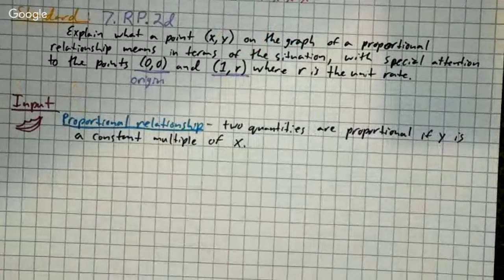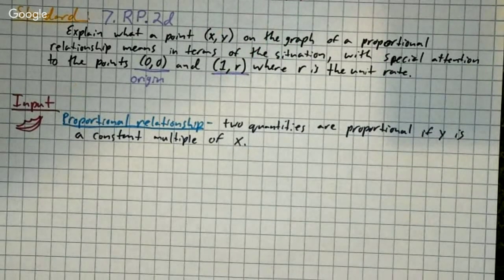So two quantities are proportional if y is a constant multiple of x. Now, what does that mean? Let's figure out what that means.